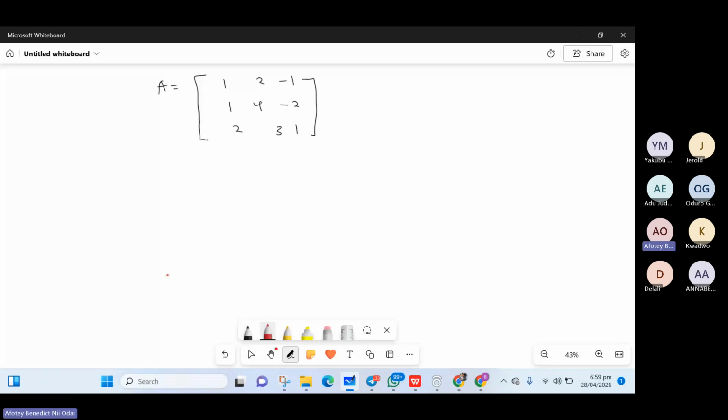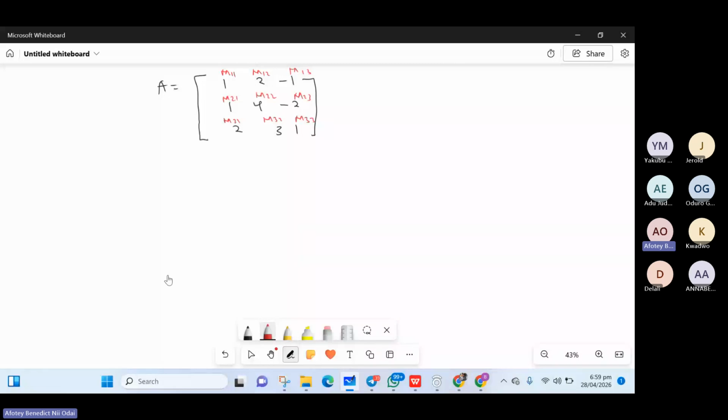So the first entry will be minor M11. The second one will be minor M12, M13 in that order, M21, M22, M23, M31, M32, M33.